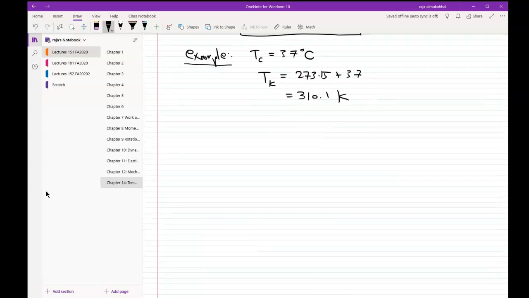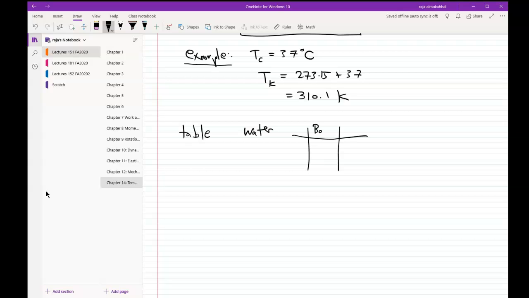Here's a table for you that you should be familiar with, with the following temperatures in Kelvin, Fahrenheit and Celsius, specifically pertaining to water. So if I make a table that looks something like this, where this is the boiling temperature of water, this is the freezing temperature, and this is degrees Celsius, and this is degrees Fahrenheit.